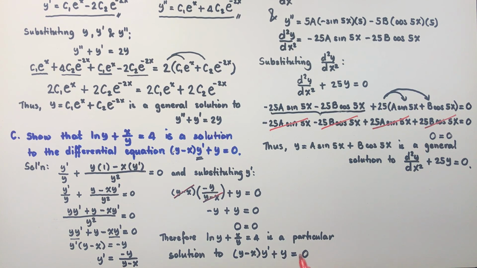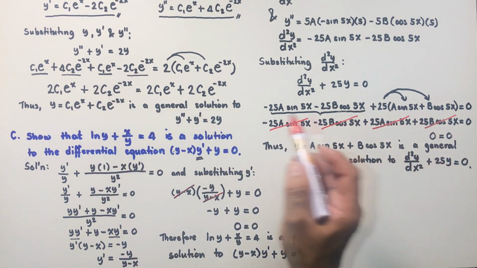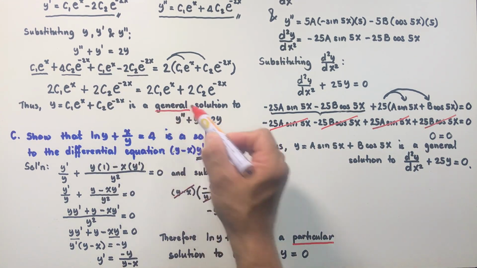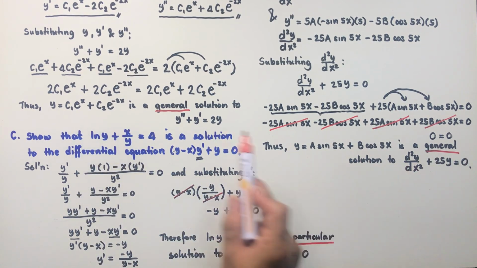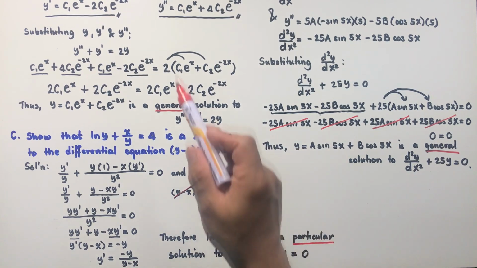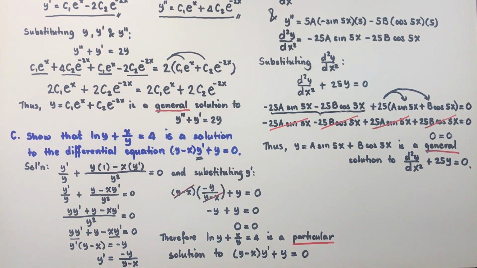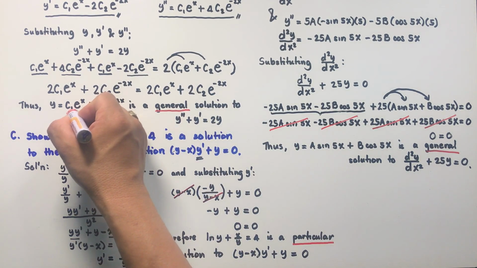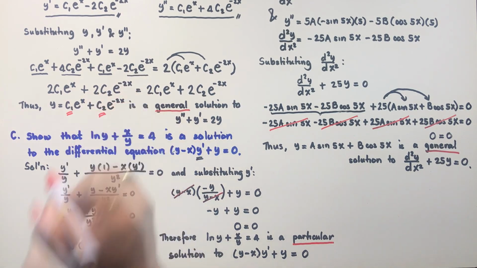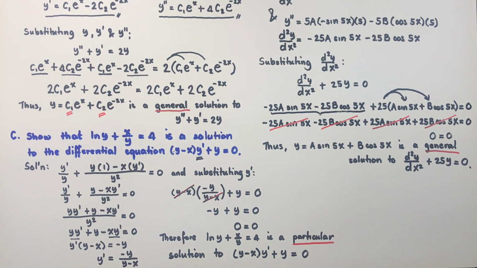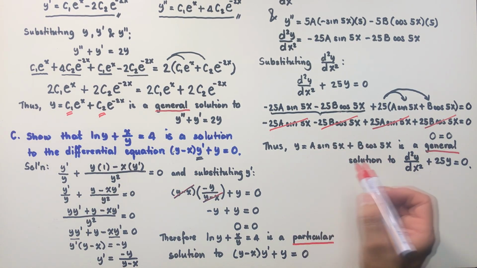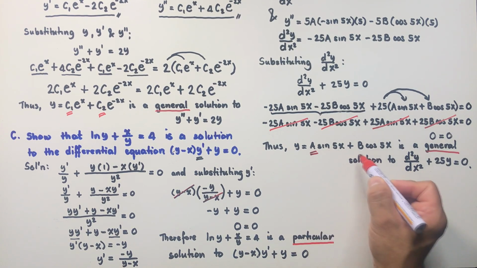And maybe you will ask, why is this called a particular solution? In our first two examples, these are general solutions. These solutions are called general solutions to the given differential equations because the solutions involve arbitrary constants. In the first example, we have c sub 1 and c sub 2, and in the second example, we have a and b.